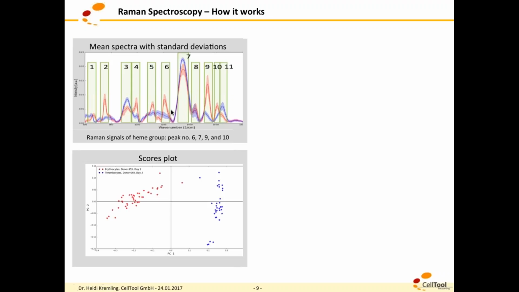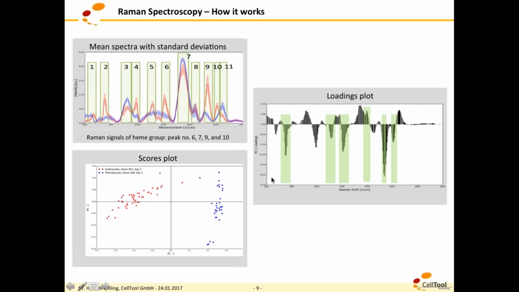And using the PCA, you get a dot plot where the spectral data are transferred in these plots. So each single spot is one Raman spectrum. And the scores plot shows you how a single spectrum is different or similar to all other spectra.